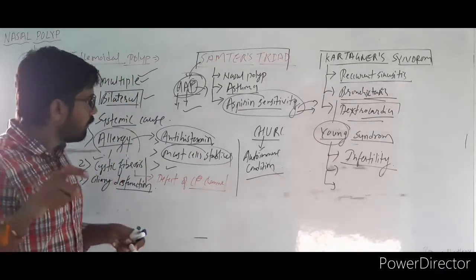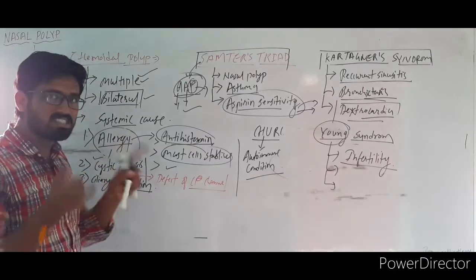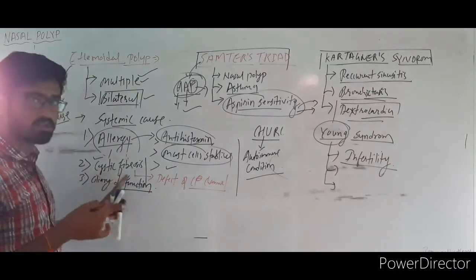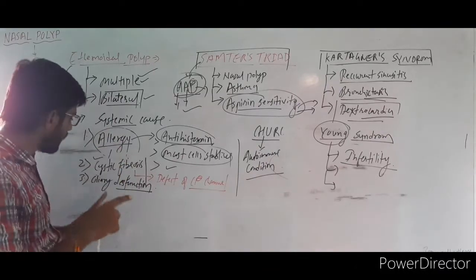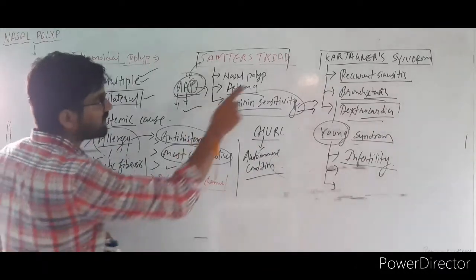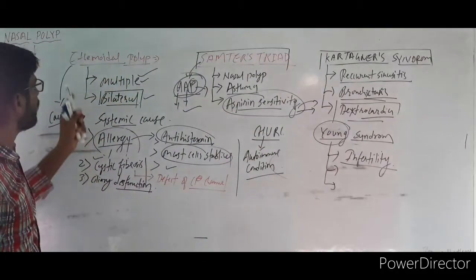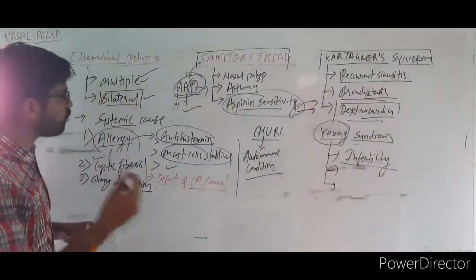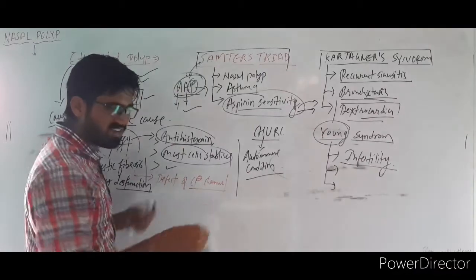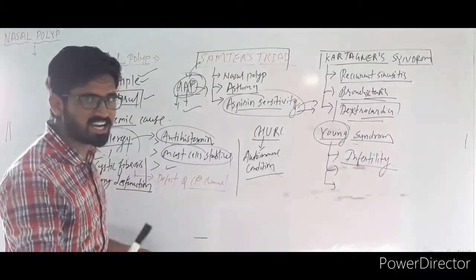Okay, so tell me the causes. Allergy, cystic fibrosis with chloride channel defect, and ciliary dysfunction, here two syndromes: Kartagener's syndrome and Young's syndrome. So these all are the causes of ethmoidal polyps. And what is the treatment? This is the treatment, and if it is not cured by this, we have to do functional endoscopic sinus surgery.